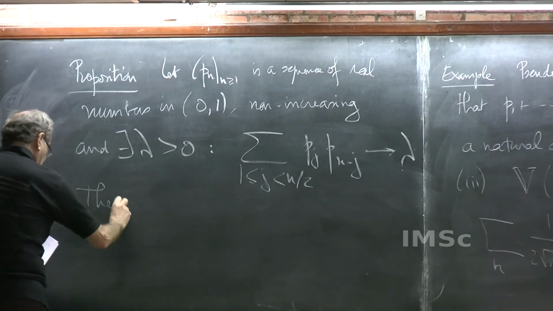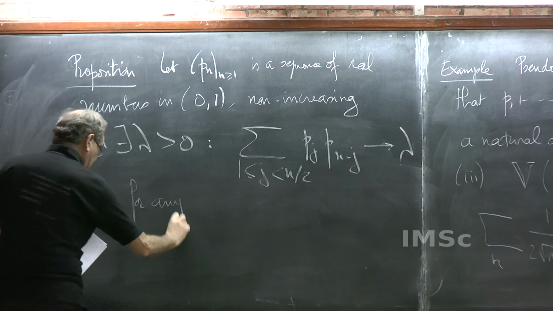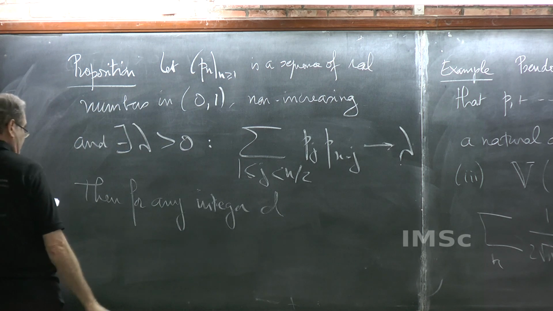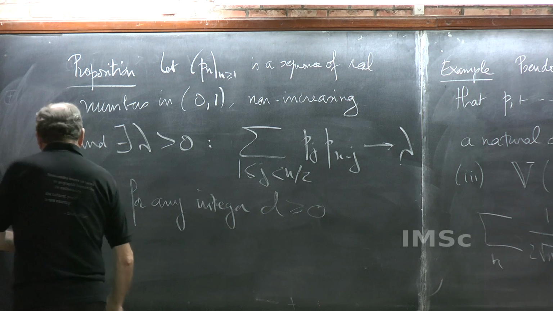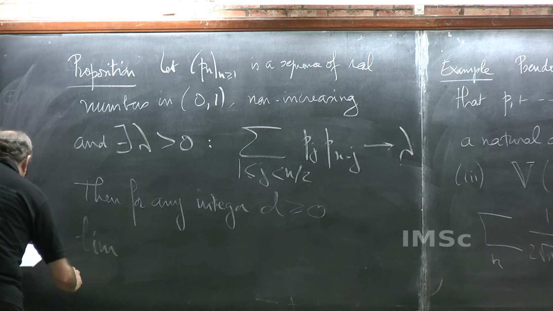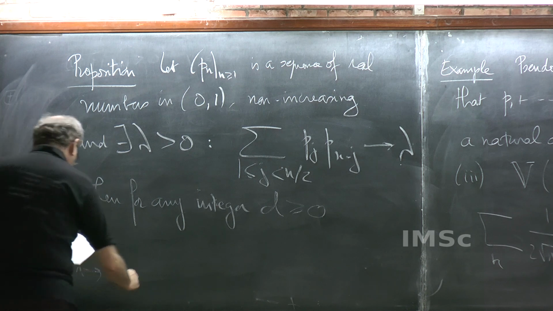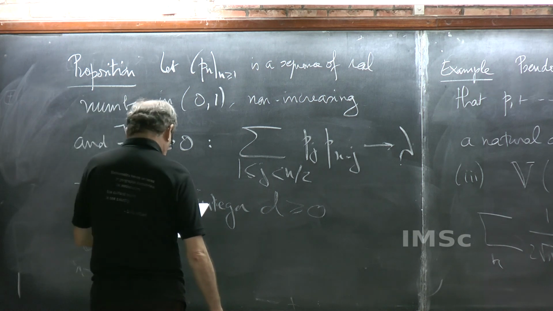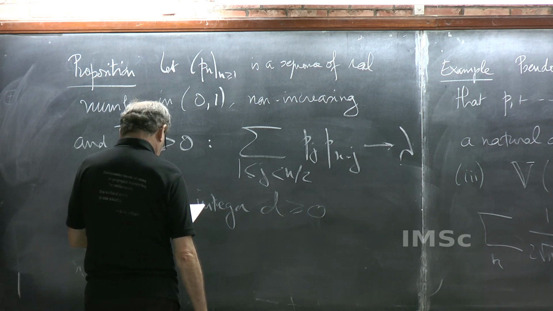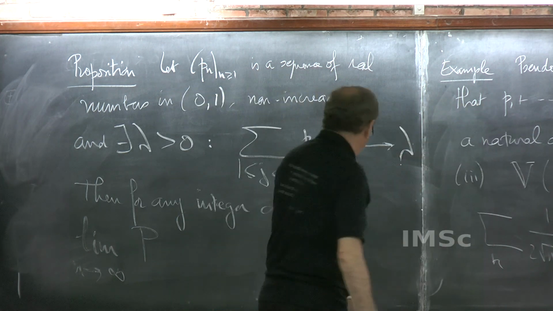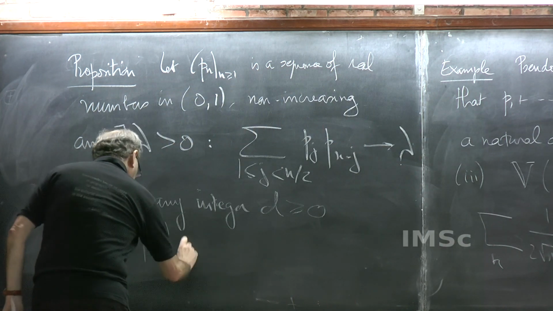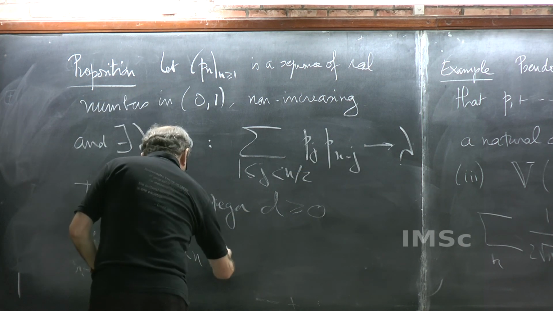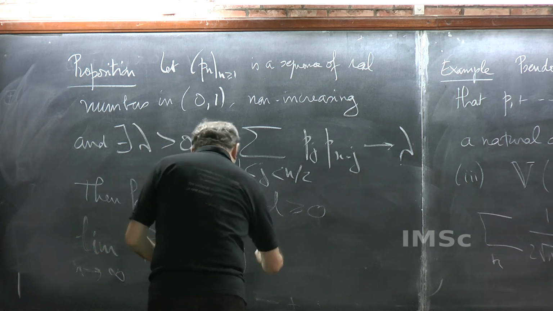Then for any non-negative integer d, one has that the limit when n tends to infinity of the probability that Rn is equal to d gives a Poisson law.